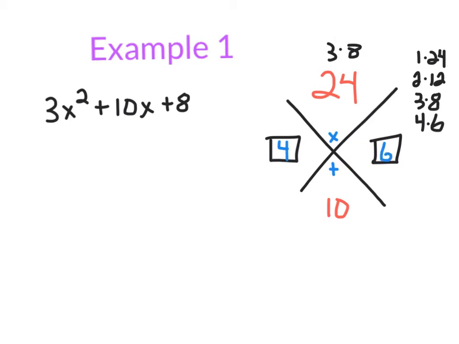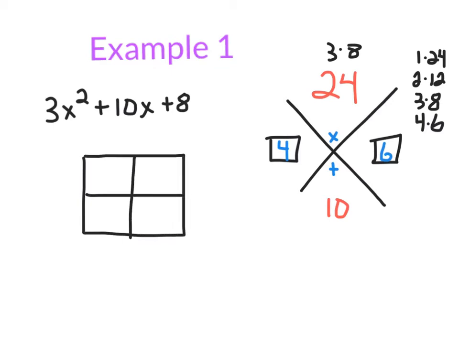Now, different than the last lesson, we are going to have to create a box, the same as in the box method. But we're going to do the reverse box method. So we're going to put the answers in here and then determine what the factors were.